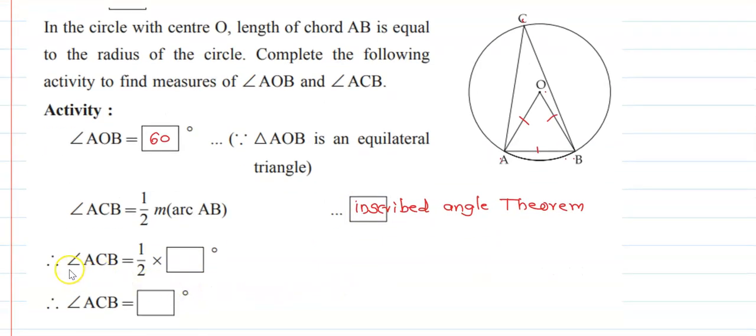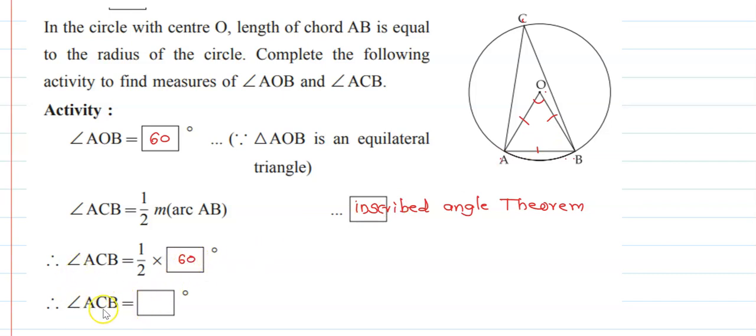Therefore, measure of angle ACB is equal to 1 upon 2 measure of arc AB, and the measure of arc is the central angle here. Therefore, the measure of arc AB is equal to the central angle which is AOB, and that is equal to 60 degrees. Okay.